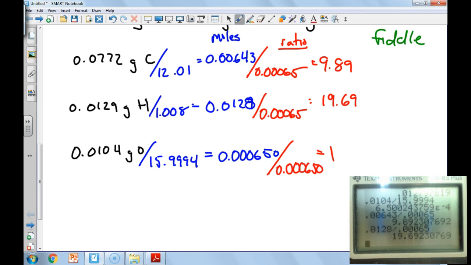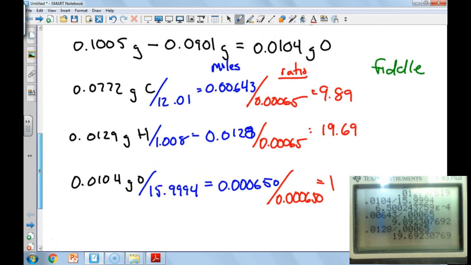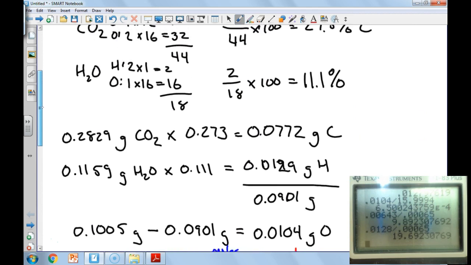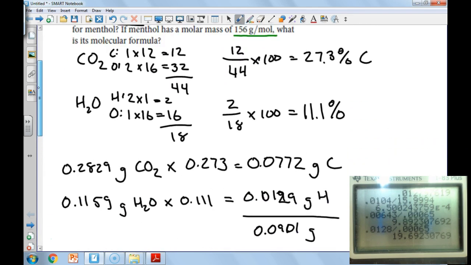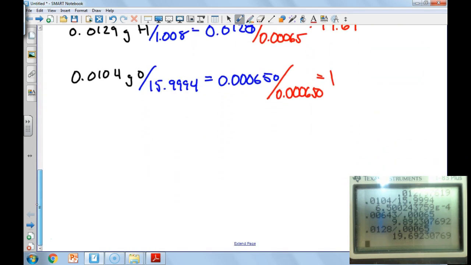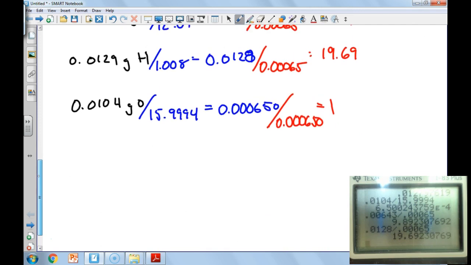So here's the thing: when we have a lot of these high numbers, and keep in mind this is experimental data, we can kind of cheat the system. You ready for the system cheat? I'm going to know that the molar mass is 156 grams per mole, right? 156.